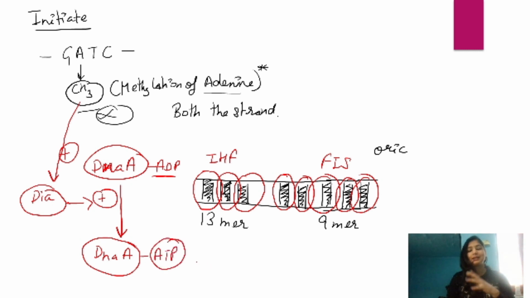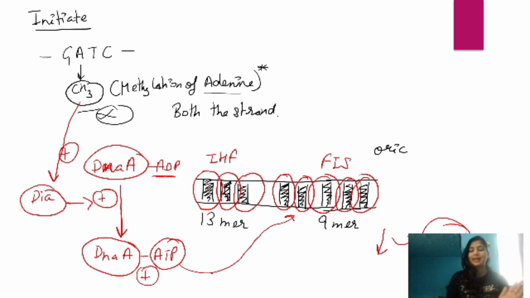Now when it changes itself, when it activates from DNA A ADP to DNA A ATP, then what will happen? It will bind to the 9 mer units. Now when this will go and bind with the 9 mer unit, then the FIS protein which is already present will be lost.